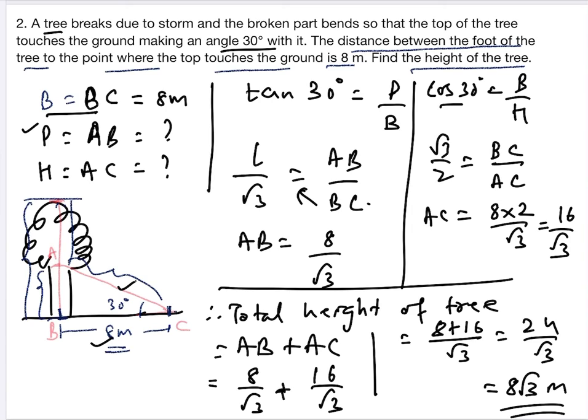Okay, if you don't understand, this can be written like this. 24 can be written as 8 into 3, and divide by root 3 is there, so this root 3 will cancel out root 3 from 3, so you get this 8 root 3.